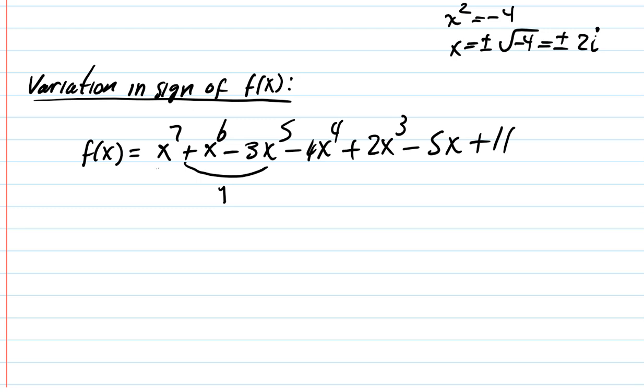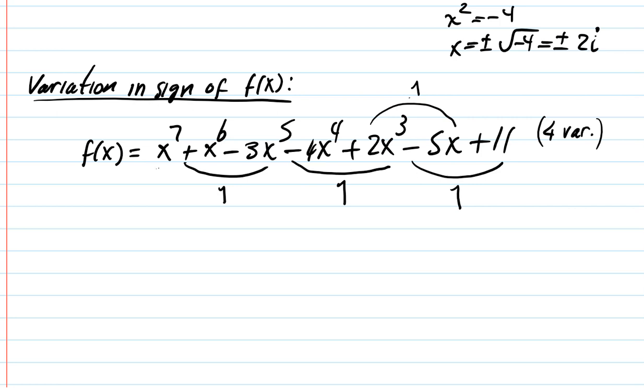As you go from x to the 5th to negative x to the fourth, the sign stays negative, so that is not a variation in sign. You go from the 4th degree to the 3rd degree term, there is a variation in sign from negative to positive. And then as you go from x cubed to negative 5x, there is a variation in sign. From negative 5x to 11, another variation in sign. So this function has 4 variations in sign of f of x.